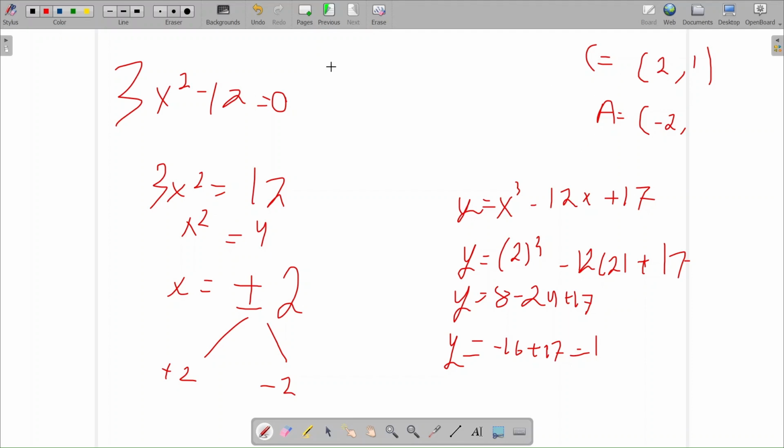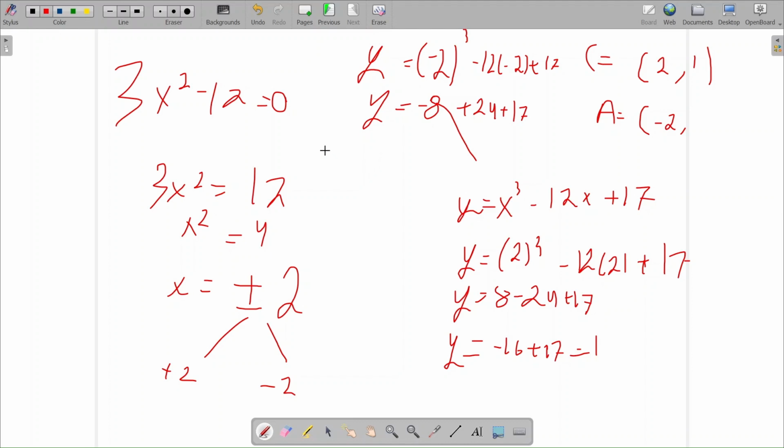Now we want to substitute in negative 2. So y equals negative 2 cubed minus 12 times negative 2 plus 17. Y equals negative 8, and a negative with a negative makes a positive, so plus 24 plus 17.